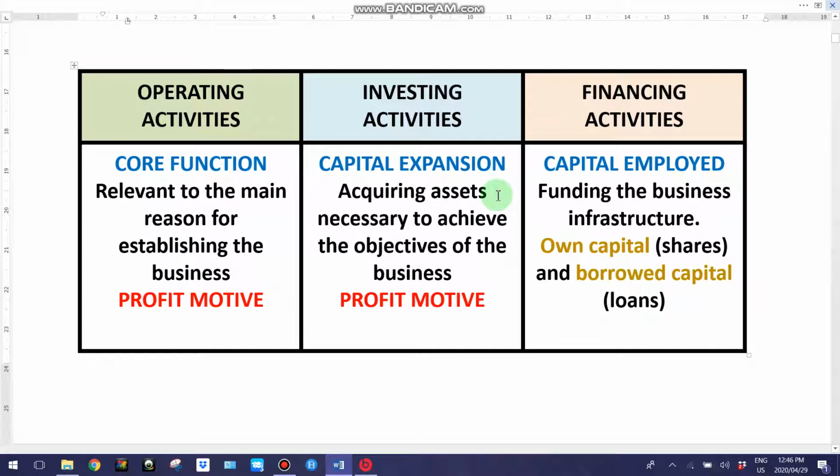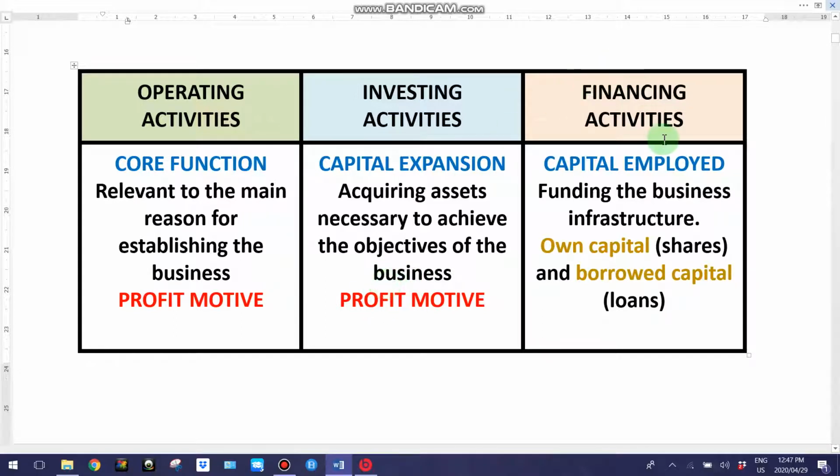The equipment that we might need to use, and any motor vehicles that we need to purchase, depending on the type of business that we are running. And remember, the assets that you purchase are all purchased with the intention of ensuring that we can achieve this profit motive that we have in the business.